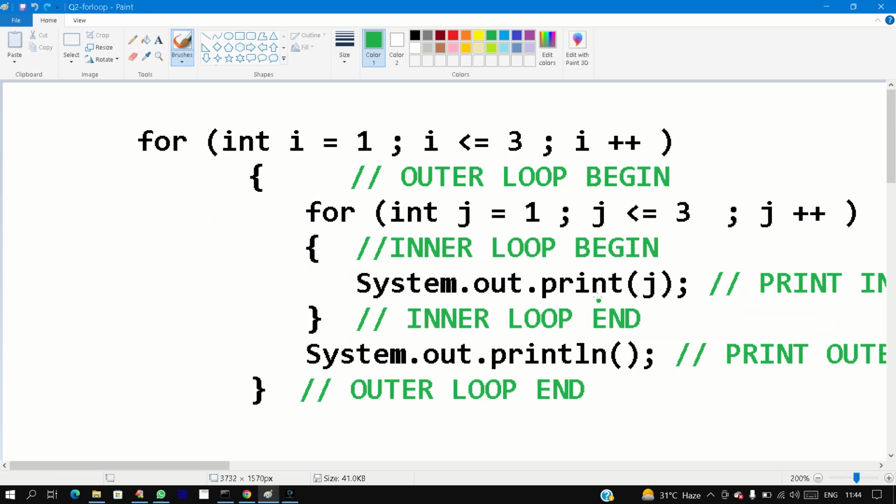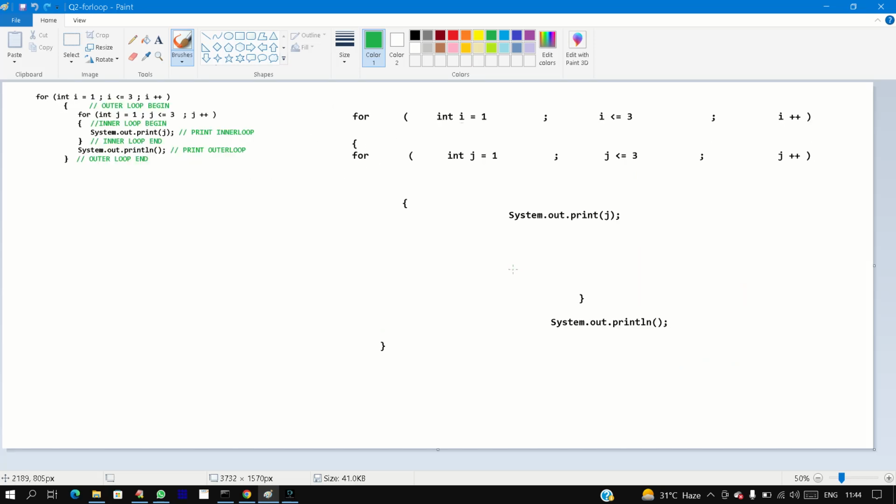If you are serious about understanding loops, once again I would like to say you also take paper and pen and write all these things and try to understand step by step what I am telling. Fine. You also keep on making arrows with me. So now what is going on? Look, initialization is being done, i is equal to 1.